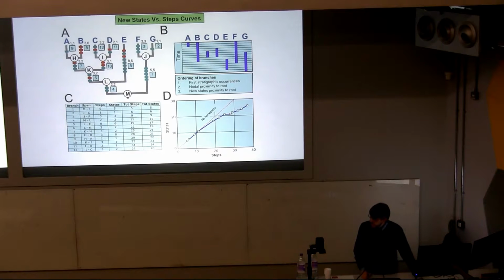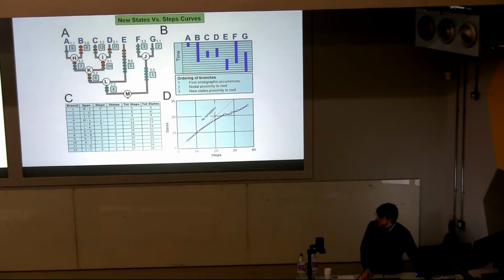Okay, and so just to go into the method a bit here. This method that Wagner used and that I used to investigate this problem really relies on getting a sample of phylogenies, reconstructing character state changes on those phylogenies, and then looking at character state changes along branches.